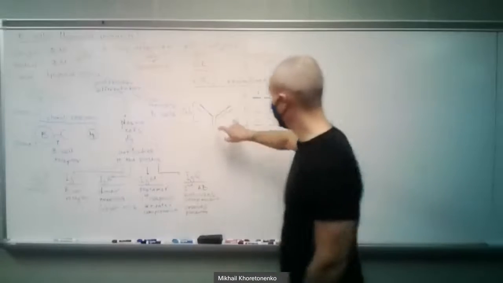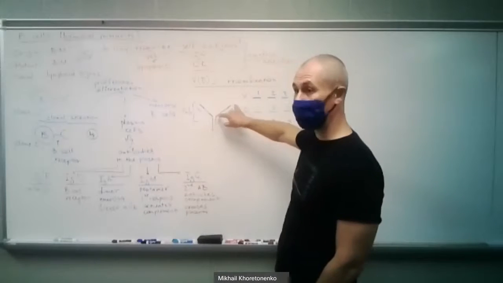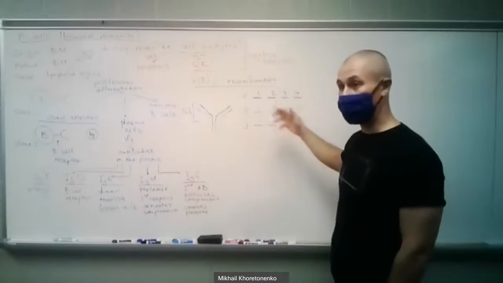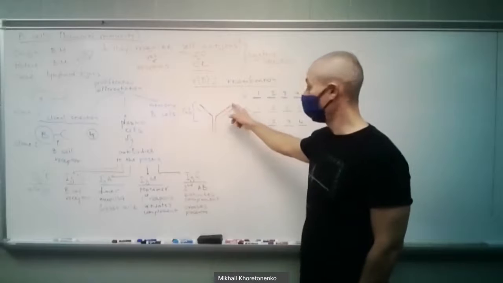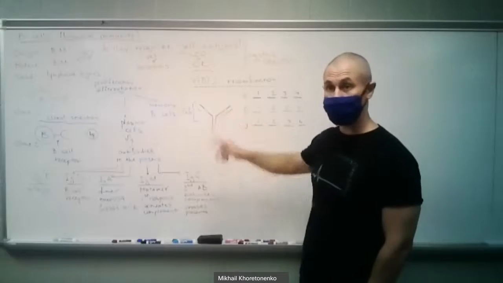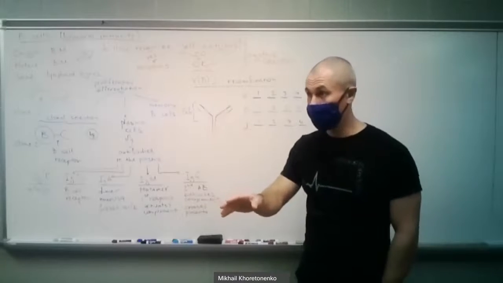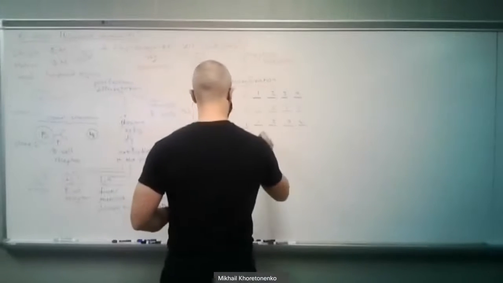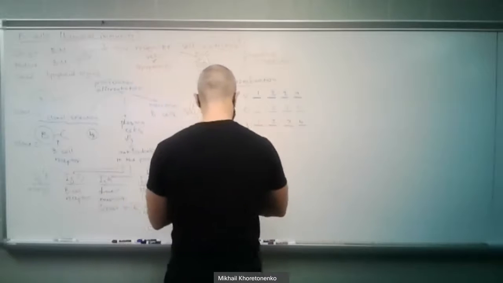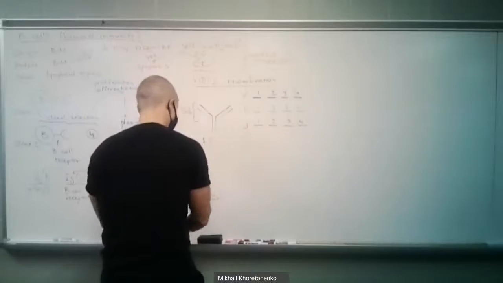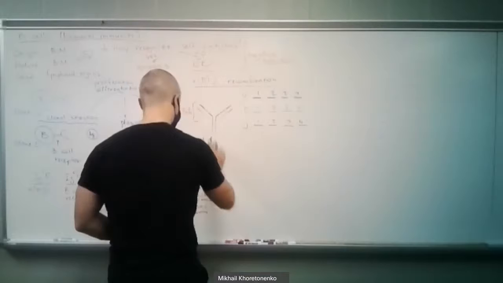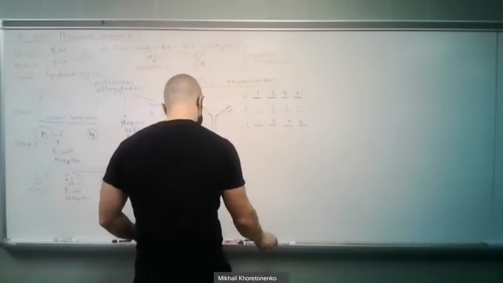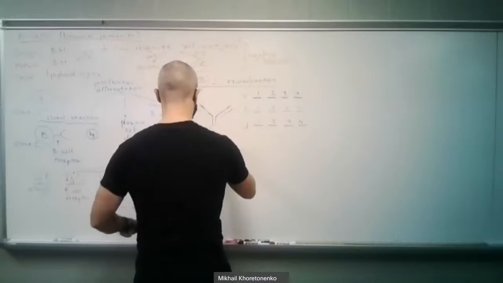In order to produce the variable part of the heavy chain, you need to combine three fragments: one from V, one from D, and one from J. Are you with me? So let's say you're combining 1, 1, and 1.